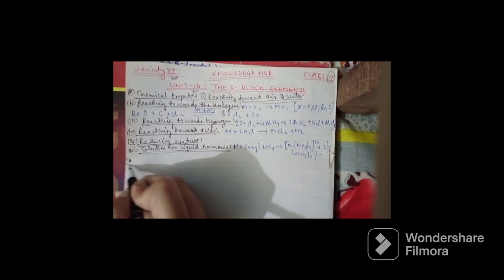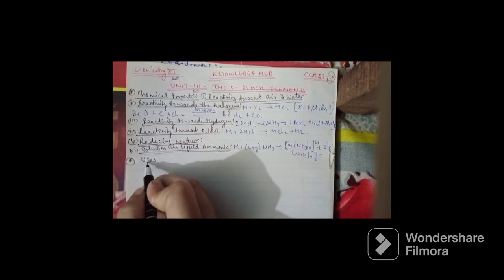Now we go for another one, which is the uses. In terms of uses, beryllium is used in the manufacture of alloys. Copper beryllium alloys are used in the preparation of high strength springs.